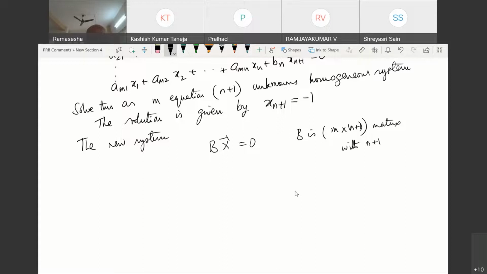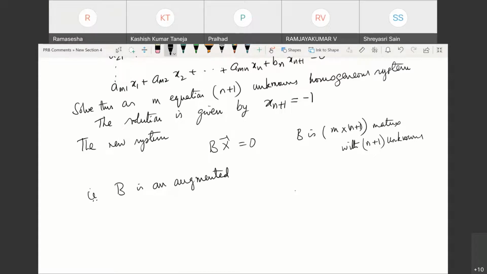B is called an augmented matrix. How have you augmented the matrix? Augmenting means to increase the dimensionality of the matrix by adding an extra column, which is the inhomogeneous part of the system of equations. Okay, so I can write down B in the following fashion.